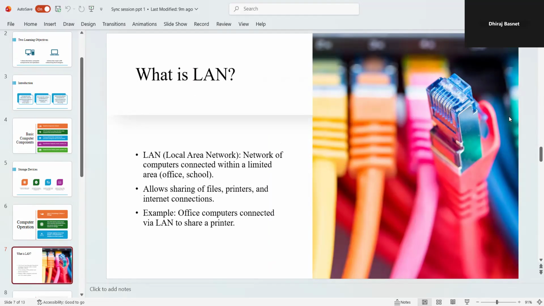LANs allow multiple computers to communicate with each other and share resources such as files, printers, and internet connection. For example, in an office, all computers can access the same printer and share folders on a server. This makes collaboration easier and reduces the need for multiple devices for the same tasks.